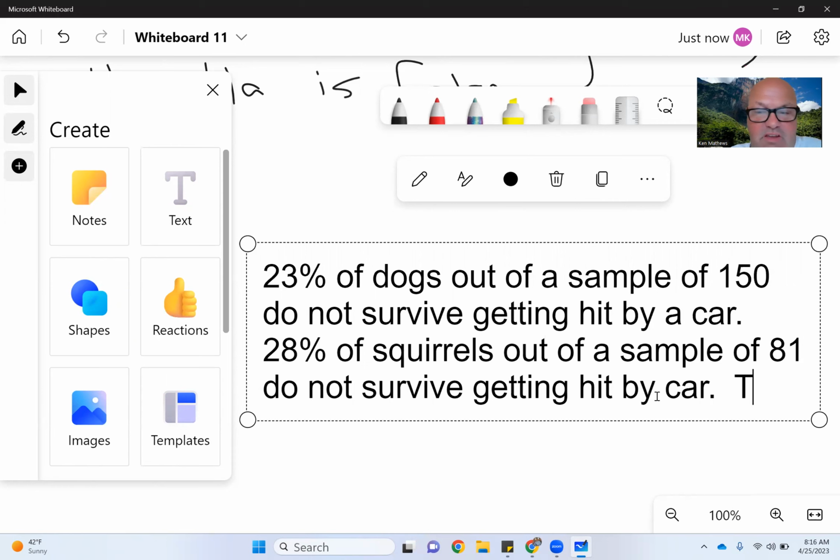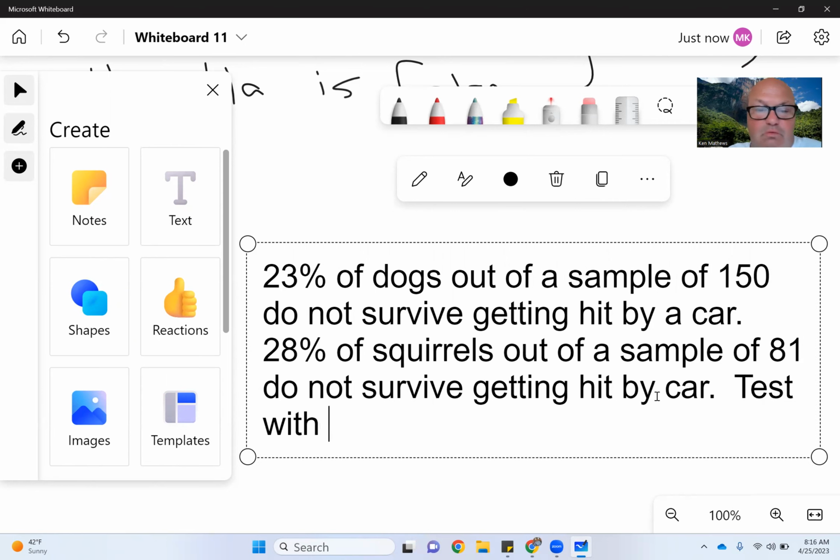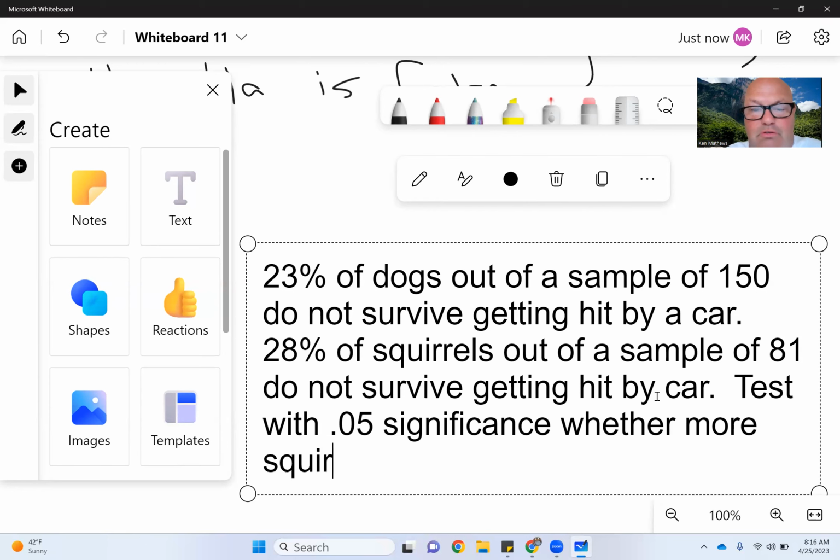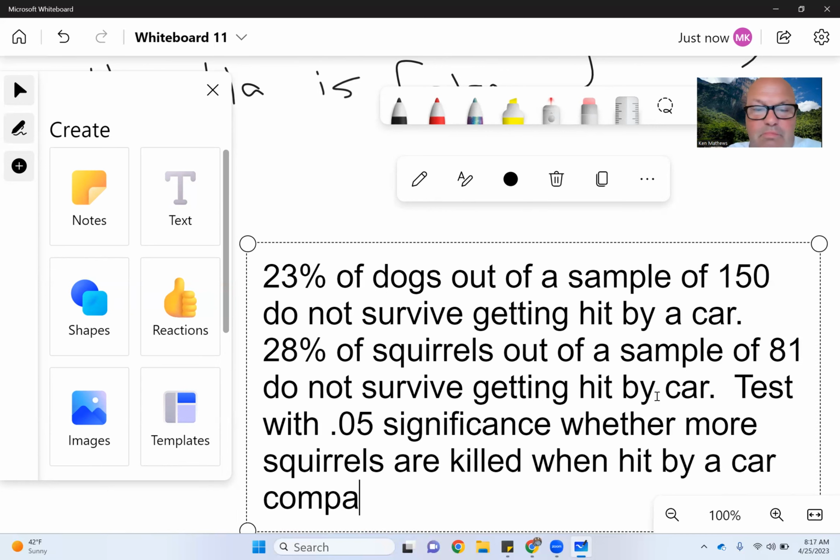Okay. Test with 0.05 significance whether more squirrels are killed when hit by a car compared to dogs.